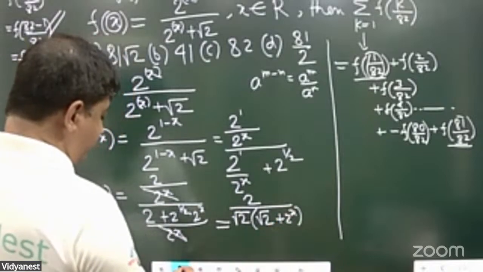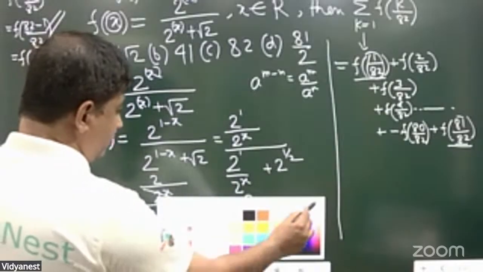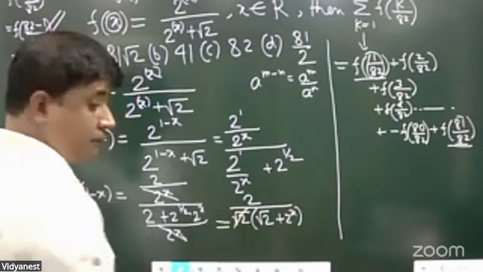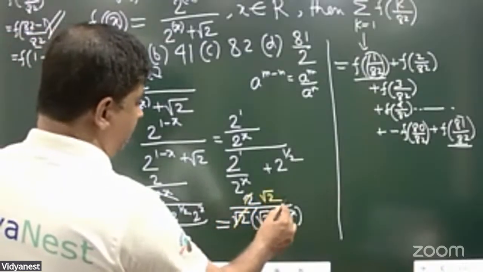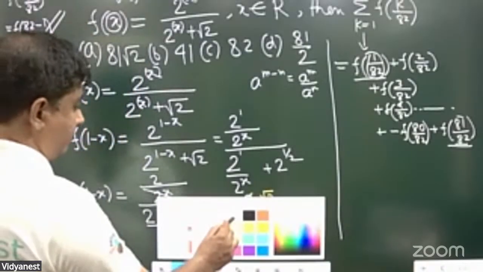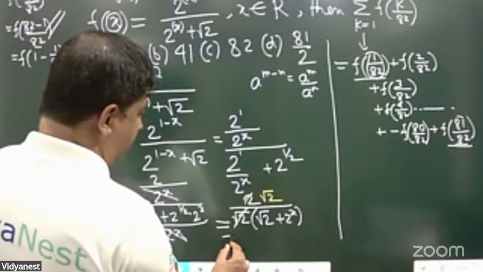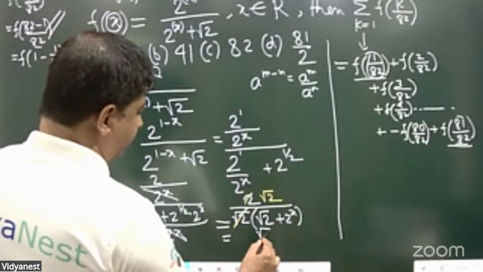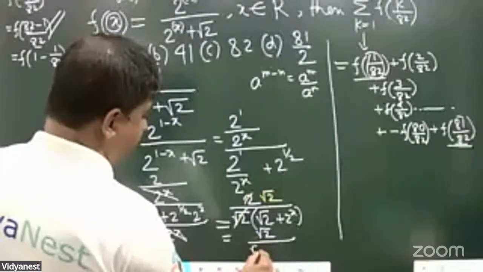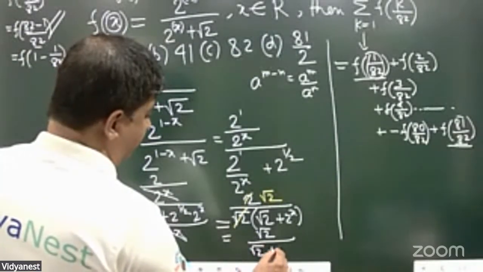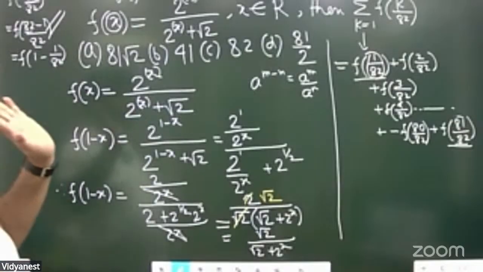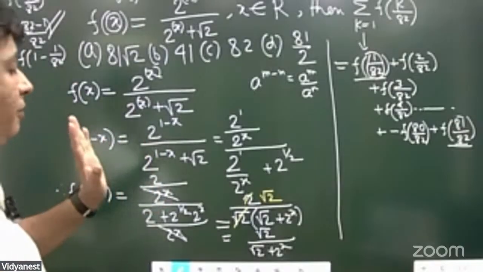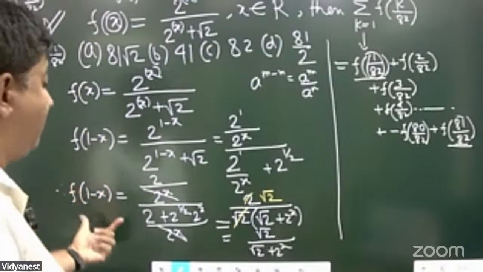Now, root 2 and 2 will get cancelled. You will get root 2, so that will give you root 2 plus 2 to the power x. Now, what benefit will you get from that derived value?